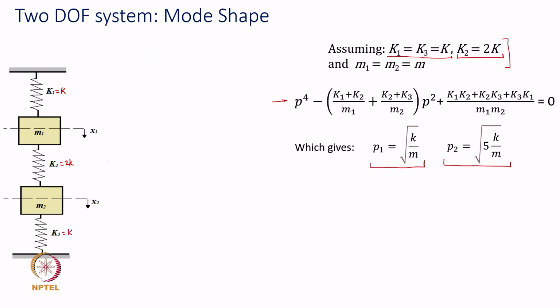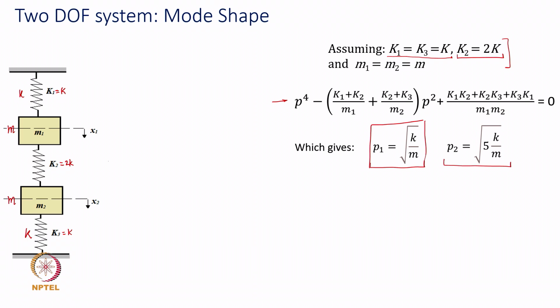Now, you can also have a look at this first of the two natural frequencies. It says that your natural frequency is square root of k over m. It actually means that if this stiffness is k and this is m and this is m and this is k, the motion of the two masses x1 and x2 will be such that they will have the same amplitude and k2 will not really stretch or compress.